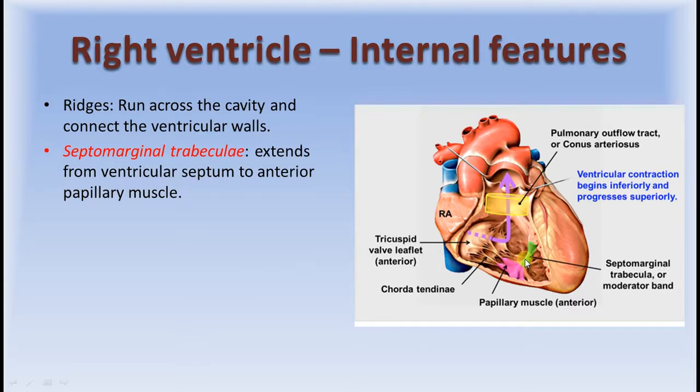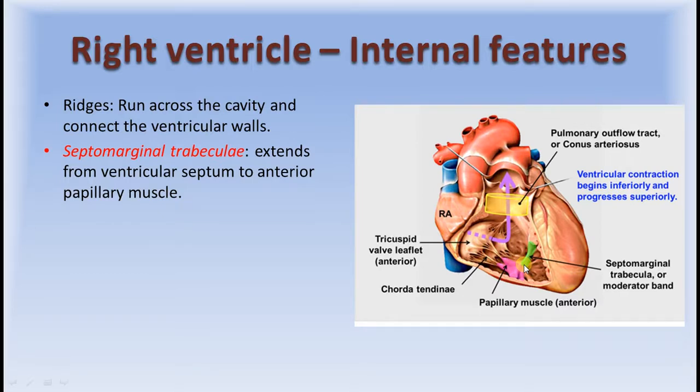It extends from the right surface of the interventricular septum to the anterior papillary muscle, and is also called the moderator band.